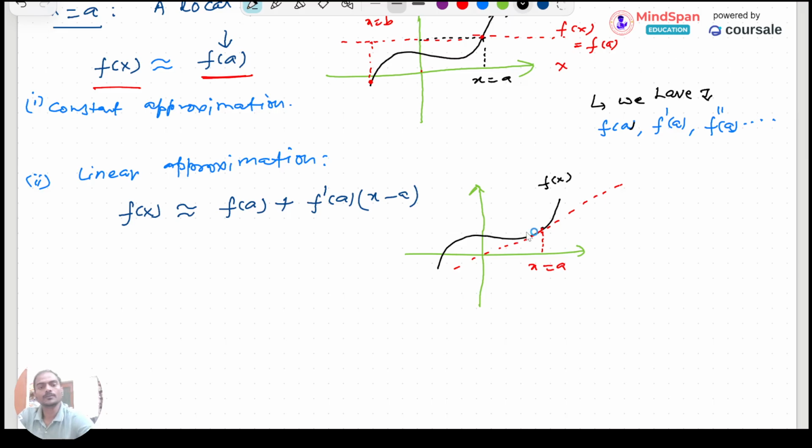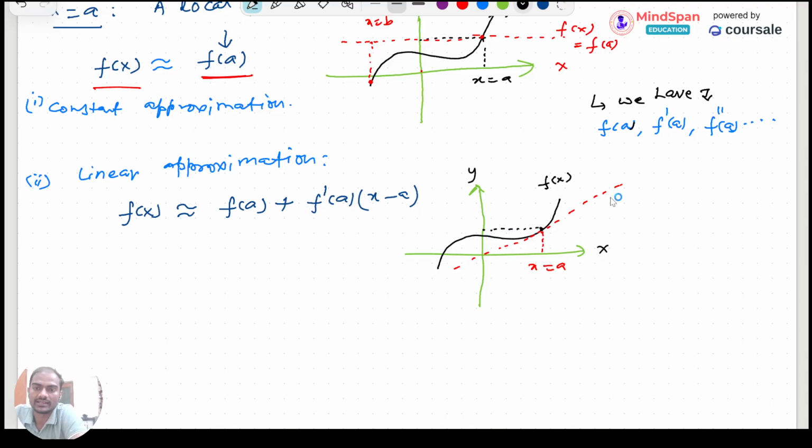Because we are trying to understand, if this was the function, then how much our approximation is going close to the actual value. That's why we are drawing this black curve all this time. X, and this is y, meaning f(x). Now, at this point we are still having f(x) equal to f(a). That means the first term should match.